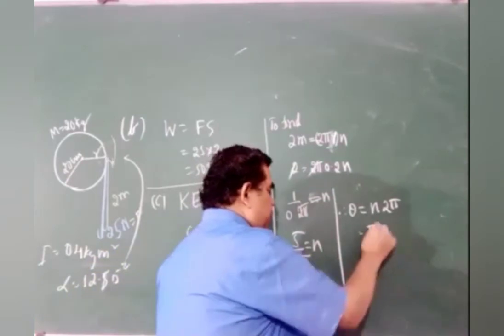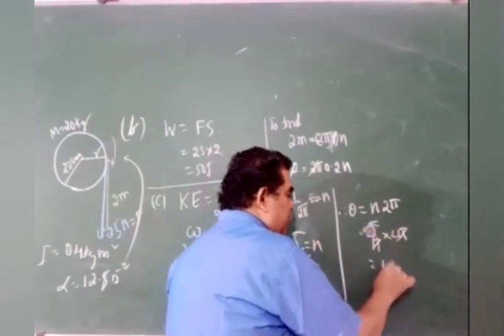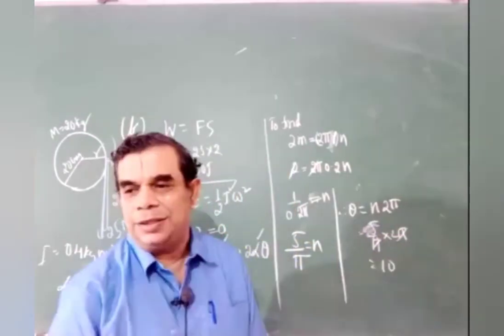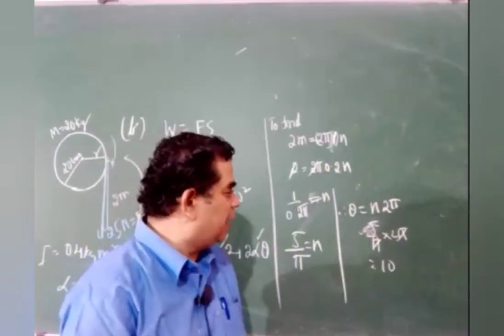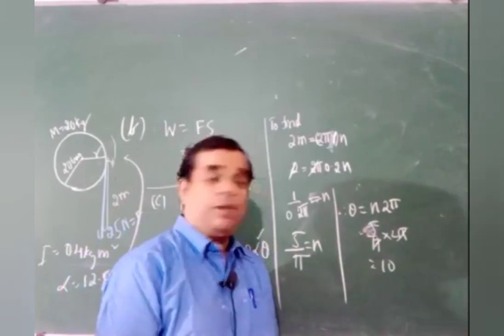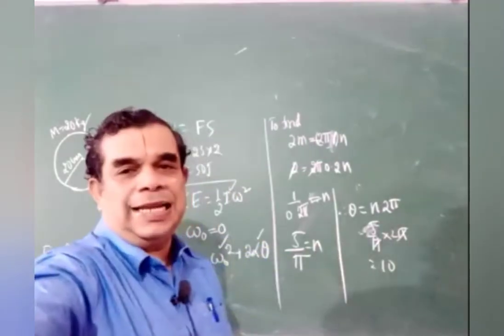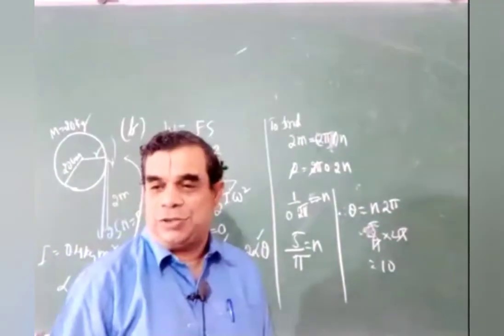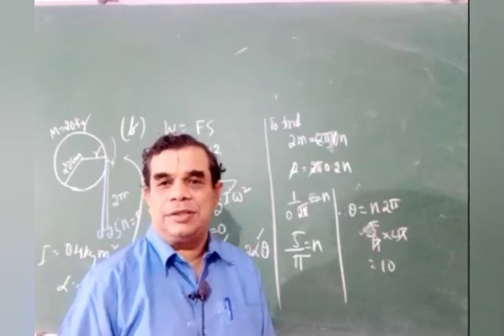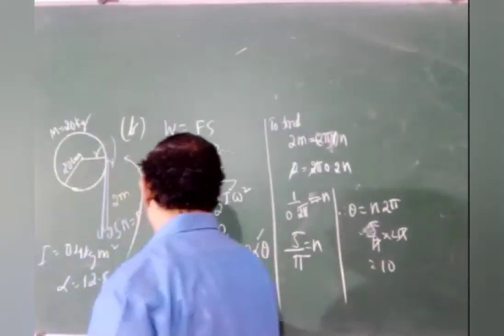N is 5 by pi into 2 pi, so cancel it, 10 only. Is it in radians or degrees? N is number of rotations into 2 pi radians. Therefore, it is in radians only. 10 radians. So if you have written 10, now we proceed on to the next thing.